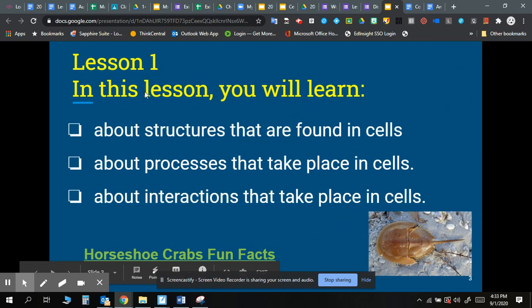Okay, so in this lesson, some of the things we're going to be talking about are the structures that are found in cells, the processes that take place in cells, and interactions that take place in the cells. One of the little videos that I like to show everyone to start off this unit is a horseshoe crab video.